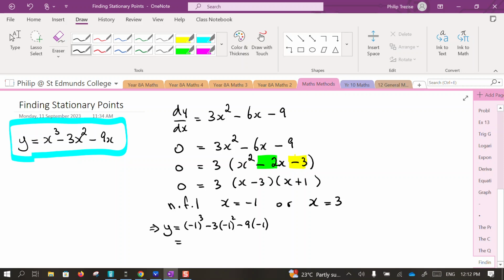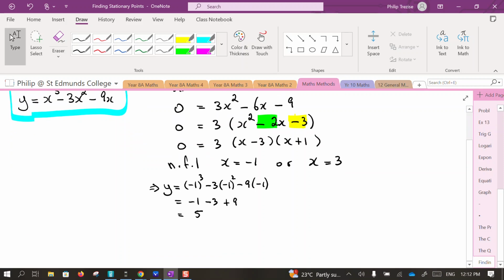And that would be negative 1 minus 3 plus 9, which is 5. So our first stationary point is x negative 1, y equals 5.